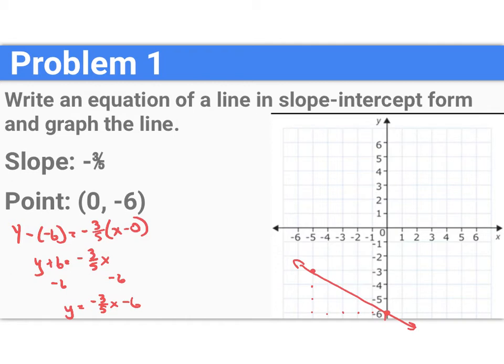So if I do negative 3 over 5 times negative 5 minus 6, the 5's cancel out. Negative 3 times negative 1 is positive 3, so 3 minus 6 equals negative 3. And so if x is negative 5, y is negative 3.